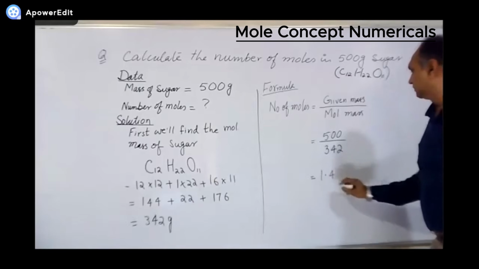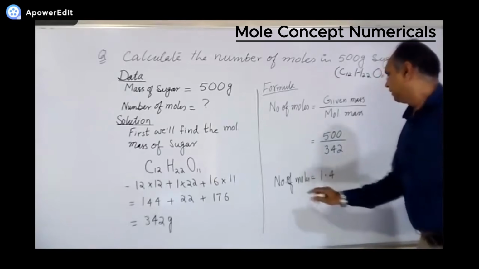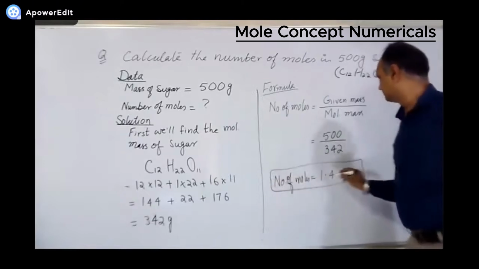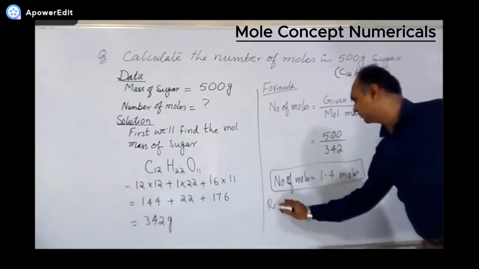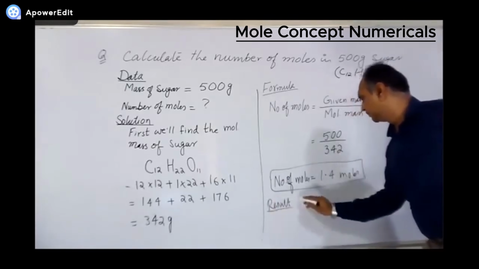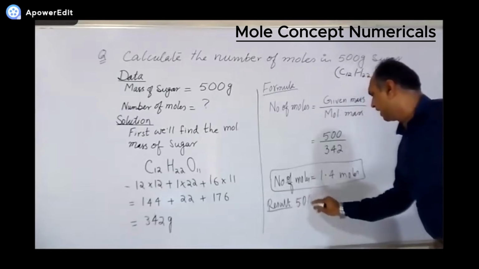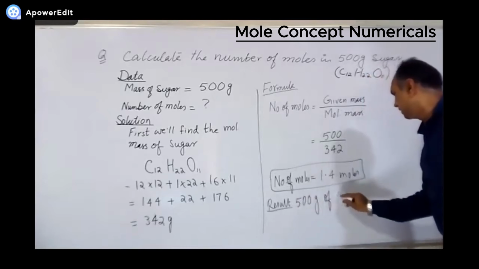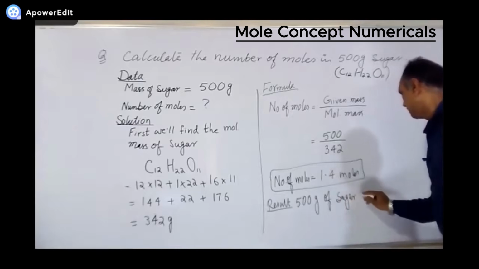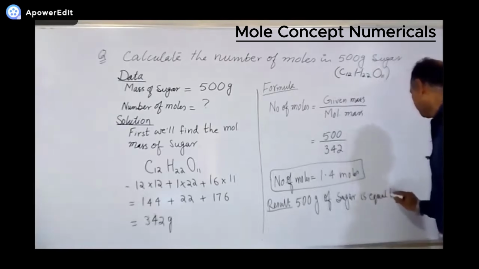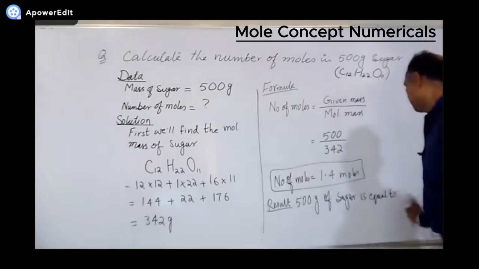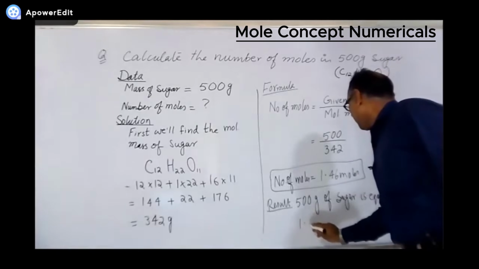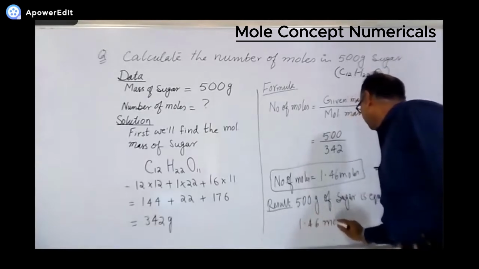Number of moles is found to be this much. In the last, you will write the result that 500 gram of sugar is equal to this much moles, 1.46 moles.